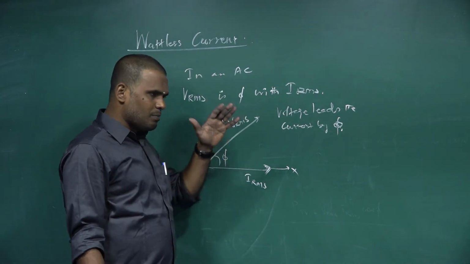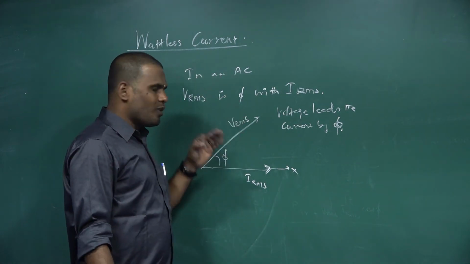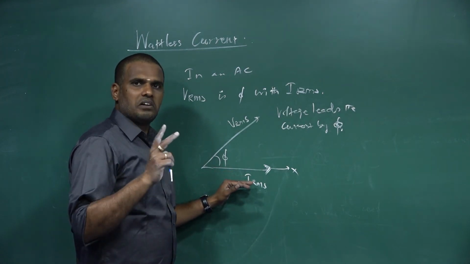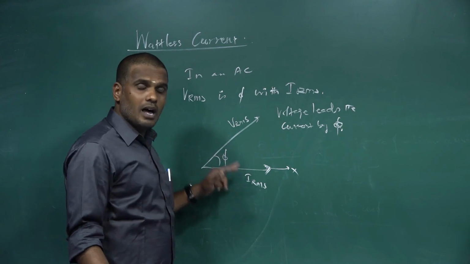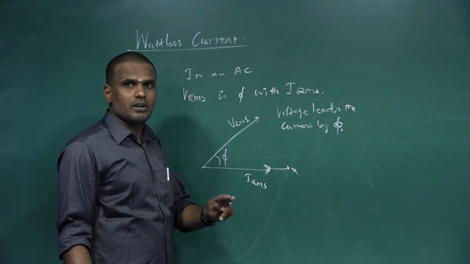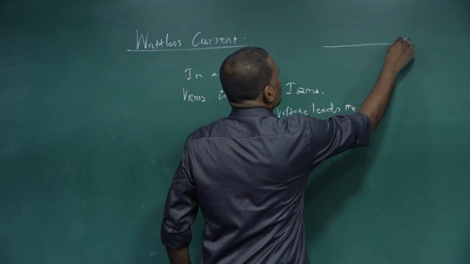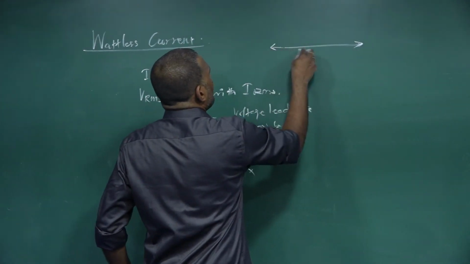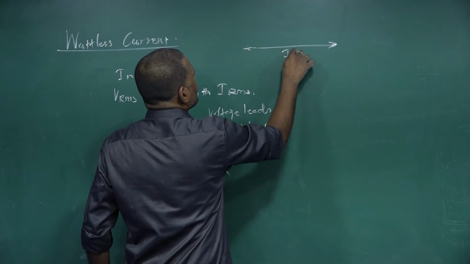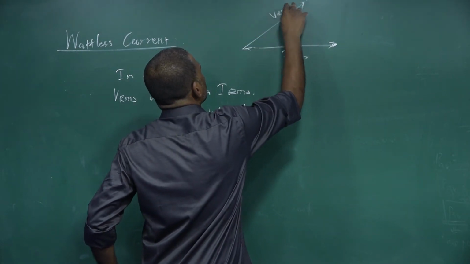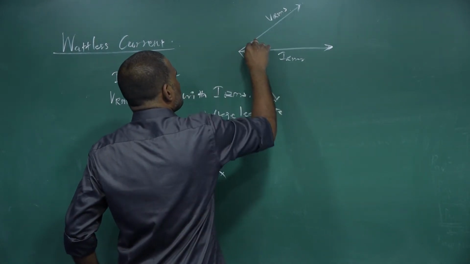In order to have a clear picture about wattless current, first resolve this RMS value of current into two rectangular components. I can show it like this. The RMS value of current is IRMS. The value of voltage is VRMS. I can resolve this into two components.